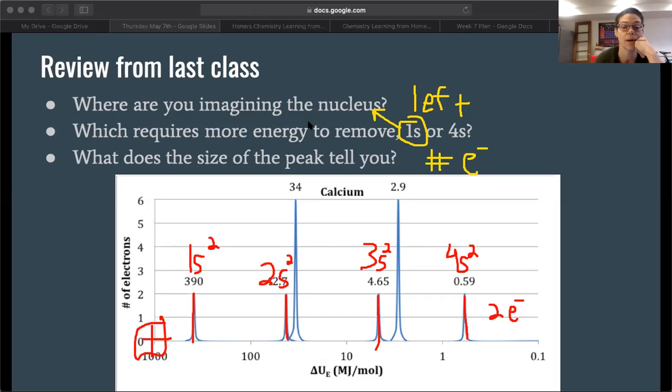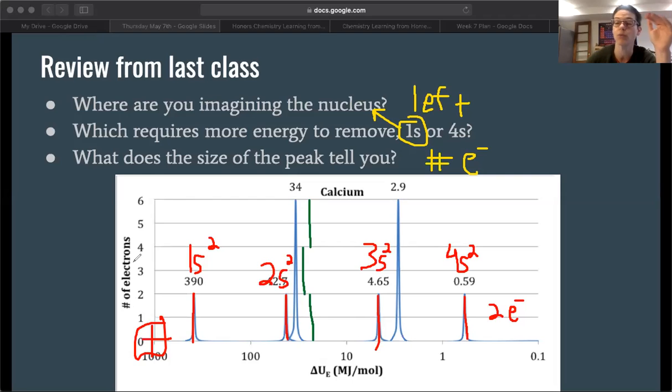And then if you look at these taller peaks, you can imagine that you've got 1, 2, 3 times this shorter peak here. So that means this must represent 6 electrons. They did actually have number of electrons over here, but they don't always. Sometimes they just say relative amount.